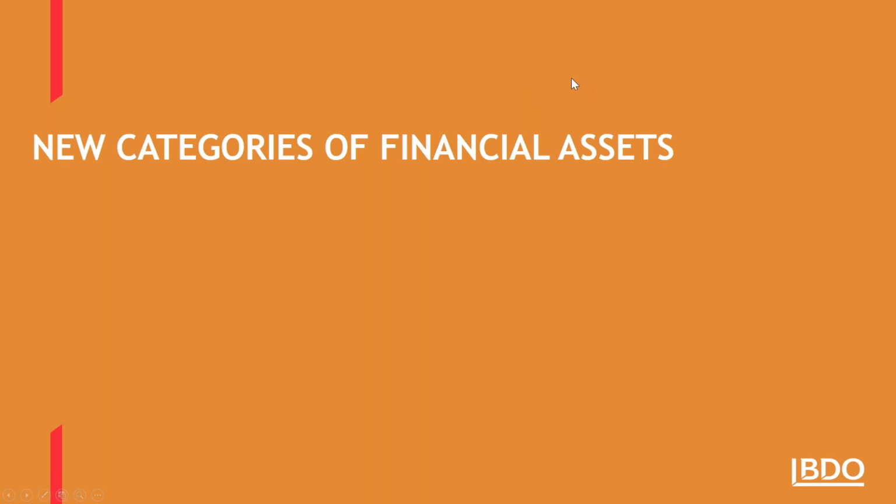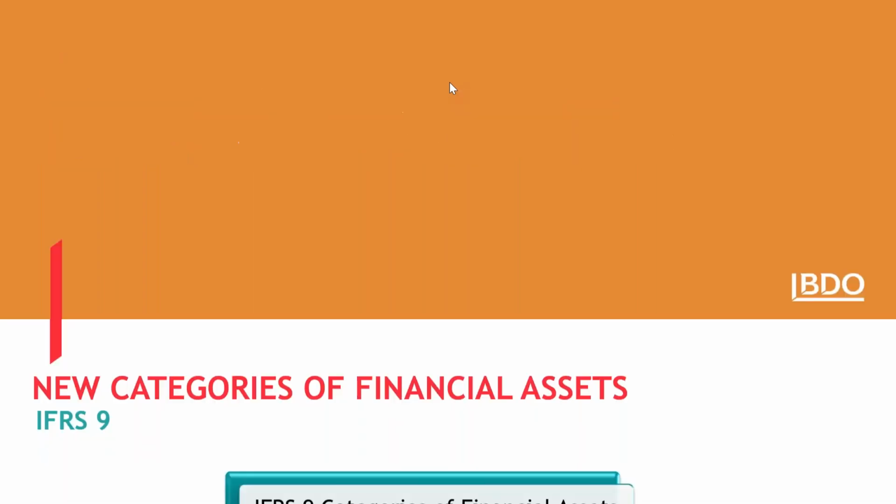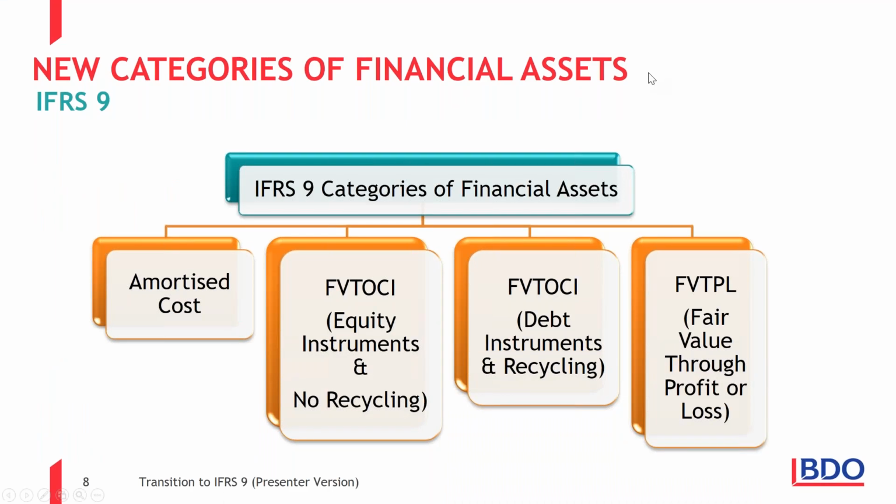Now, the new categories of financial assets, and most of you have indicated that the classification and measurement aspects are the aspects that you think would have the biggest impact on you. So if we look at the new categories of financial assets, IFRS 9 is saying the 4 categories are amortized cost, fair value through OCI, and that's only for equity instruments, so investments in shares, and no recycling would be allowed.